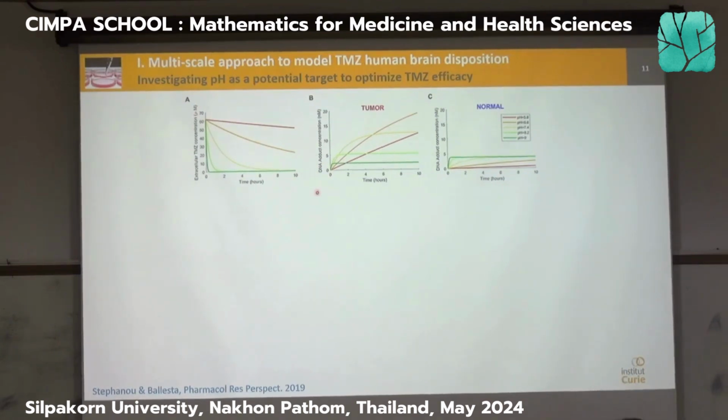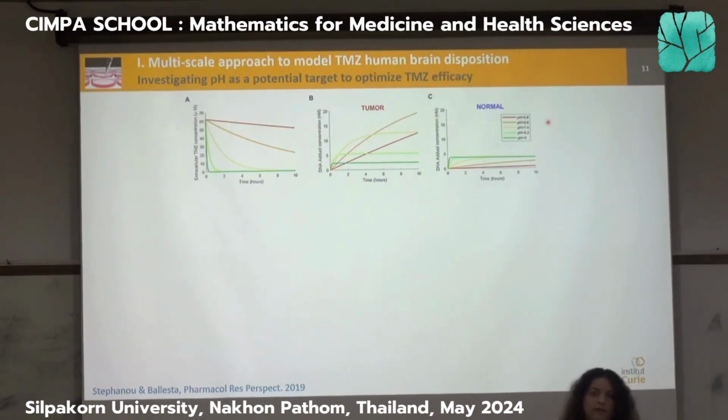Here we are looking at the DNA adducts, so the DNA damage related to the cell death in tumor and in normal cells. And as you can see, a bit surprisingly, to be honest, the normal cells here would have some DNA damage which can go up to that level. On the opposite, the tumor cells will have DNA damage that will be much higher for pH which are in the red or orange zone, which is for acidic pH.